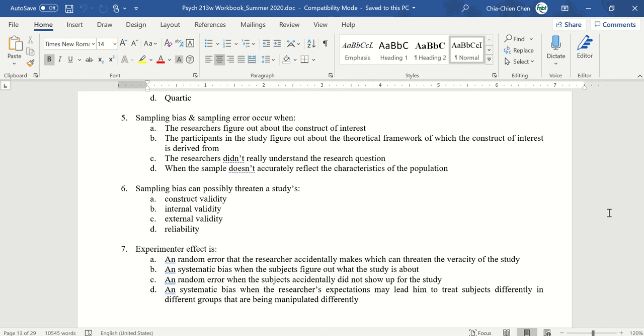Okay, now sampling error is something very simple. It's very similar to the sampling bias. Sampling bias definitely is included in the sampling error, but the sampling error can be something more random, not on a systematic basis. Bias is something on a systematic basis.